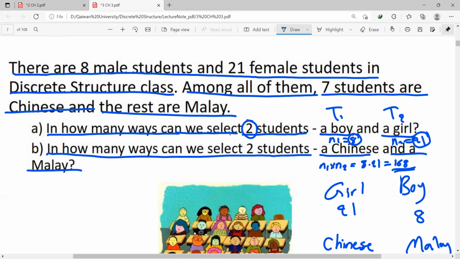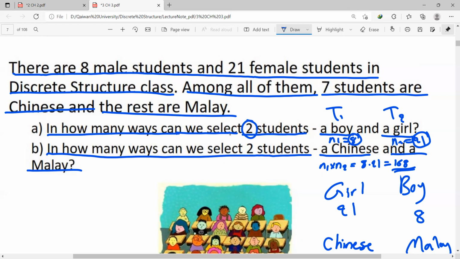If we have successive tasks, we use the multiplication principle. For example, if you have cards in a box and you pick, let's say, 3 cards, each one after the other, in this case we use the multiplication principle. But if you pick only one, that's the addition principle.